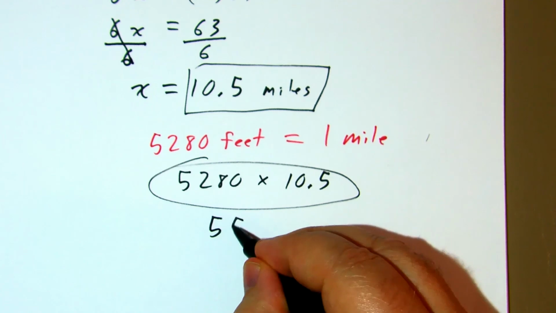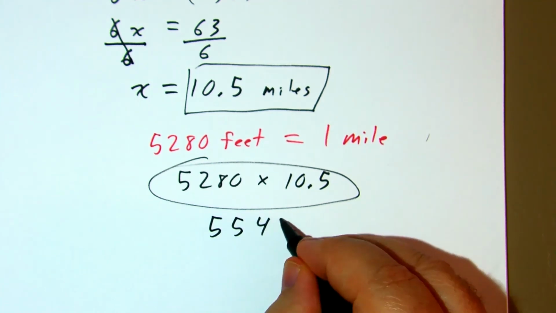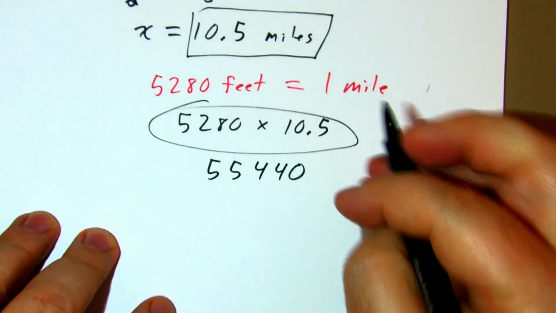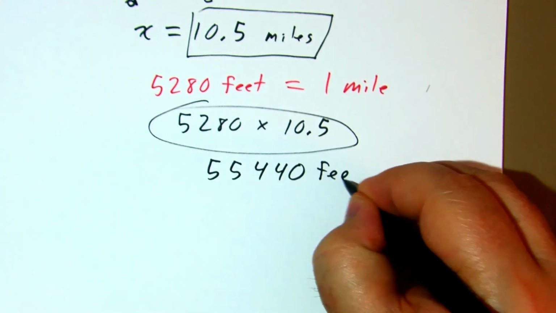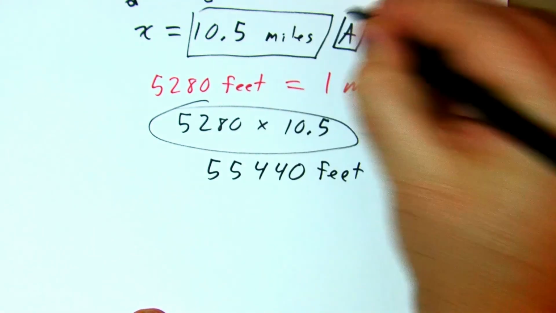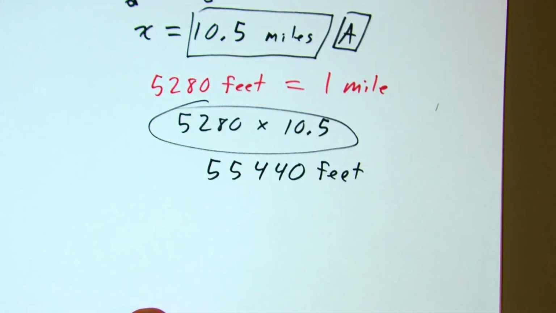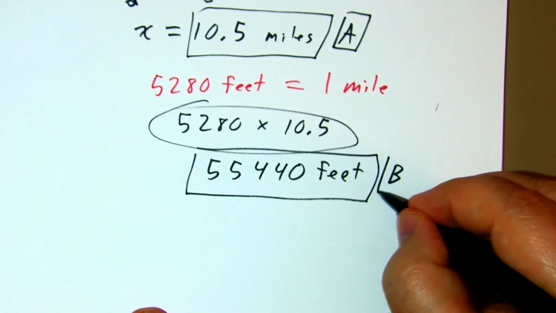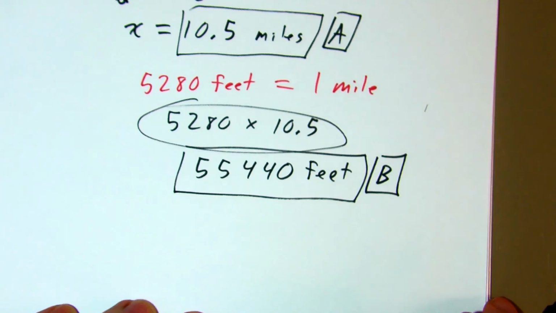And you can trust me on this one. Okay? And you've got to put the units now, feet. So up here, the answer for part A was 10.5 miles. The answer for part B is that many feet. Okay.